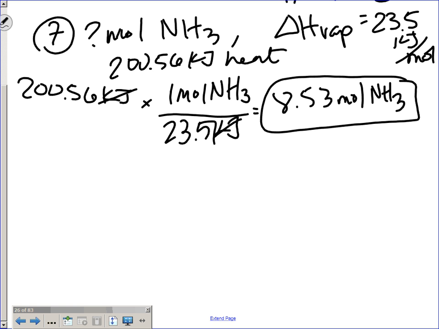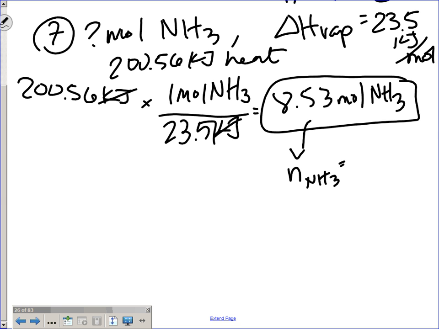And the second sentence says, what's the volume of this at STP? You can imagine this being a vapor at this point. This is n of ammonia, and that n for ammonia could be plugged into the ideal gas law at STP, or you could plug in the factor that relates volume and moles at STP. What is that factor?